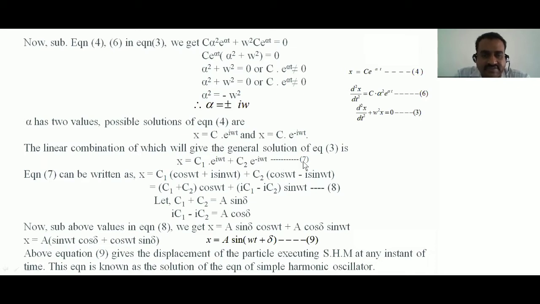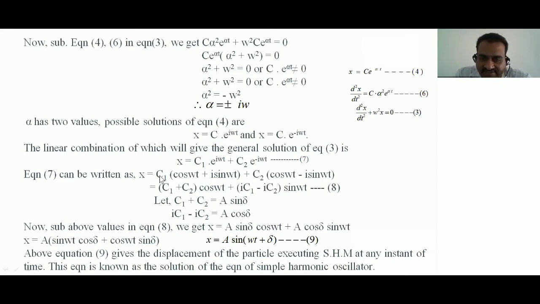So equation 7 can be written as x is equal to c1 e to the power i theta, which is cos theta plus i sin theta. So c1 times cos omega t plus i sin omega t, plus c2 constant as it is, e to the power minus i theta, which is cos theta minus i sin theta, here cos omega t minus i sin omega t.